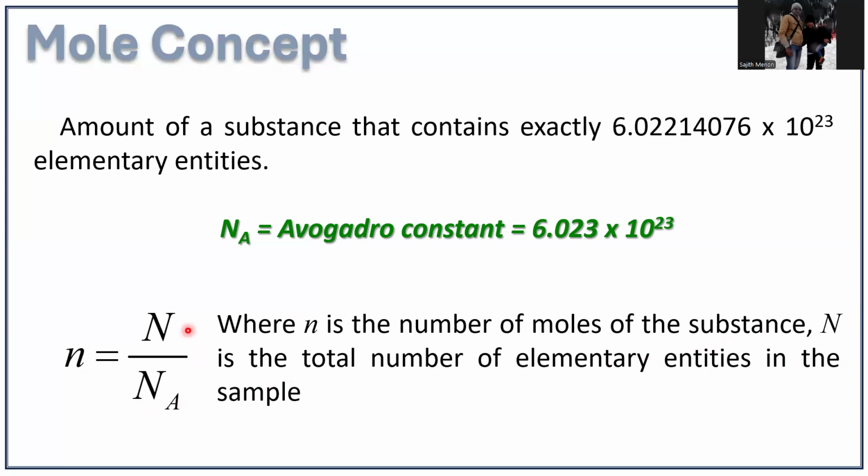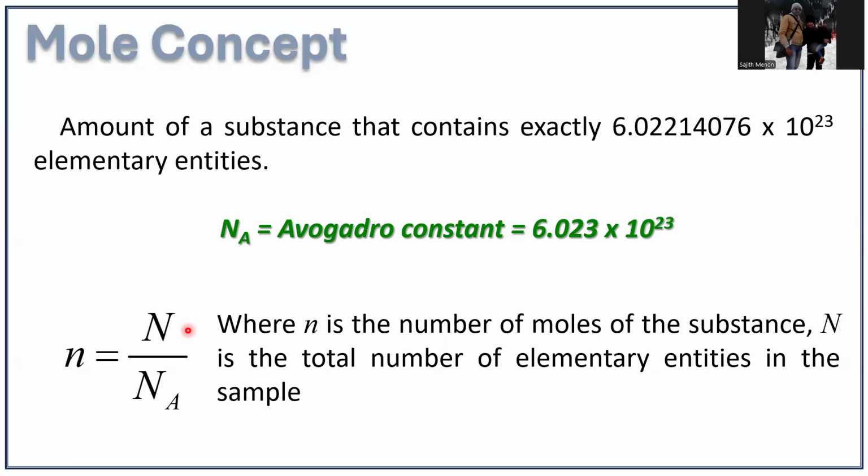For example, if you want to calculate how many dozens of eggs there are, and you have 24 eggs, a dozen means 12. So you divide the total number of eggs, 24, by 12, which is 2.